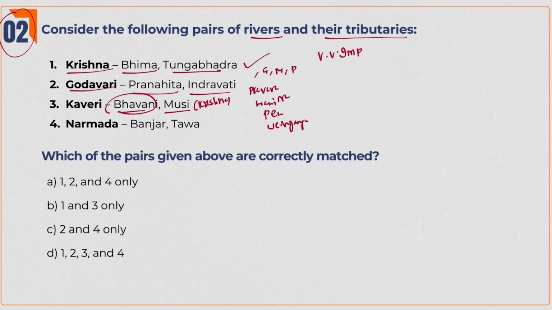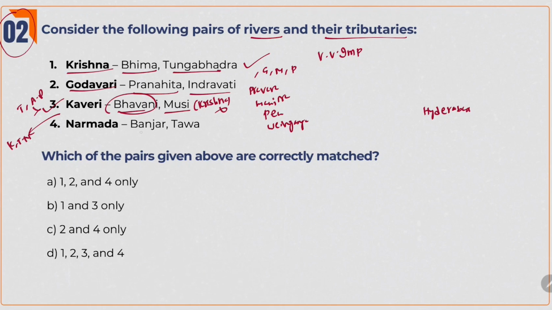How? Actually, we all know that Musi river is in Hyderabad. But Kaveri river doesn't flow through Telangana or AP. It flows through Karnataka, Tamil Nadu. Actually, Karnataka and Tamil Nadu fight over Kaveri river, no? So Musi being a tributary of Kaveri is wrong. So third option is wrong.